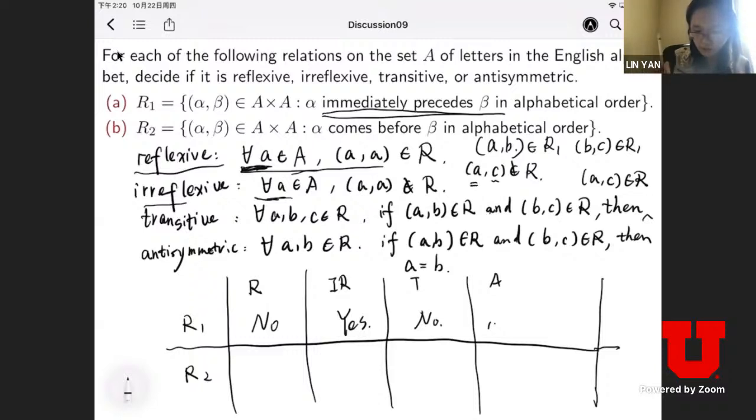Let me think about an example to show that. Okay, I will think about it later. Oh, thank you Peter, he answered it. If some are reflexive and others are not, then it is neither reflexive nor irreflexive.